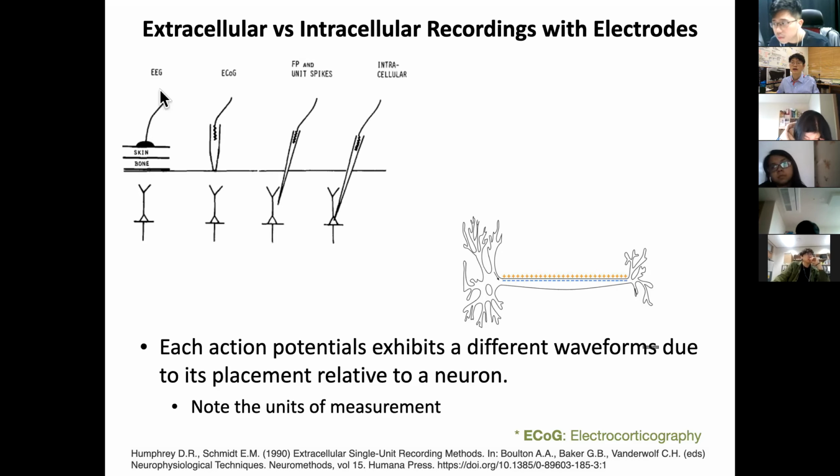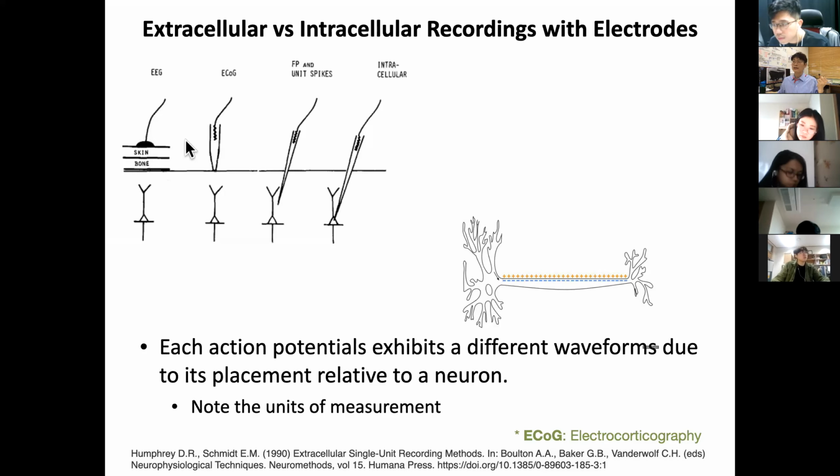And there's another technique called ECoG, electrocorticography. This is when you remove skin and bone in a surgical setting. Let's say, for example, I have a patient with epilepsy, and it's important for the neurosurgeon to identify the focus of epilepsy so that we can get in and cut it out to treat epileptic patients.